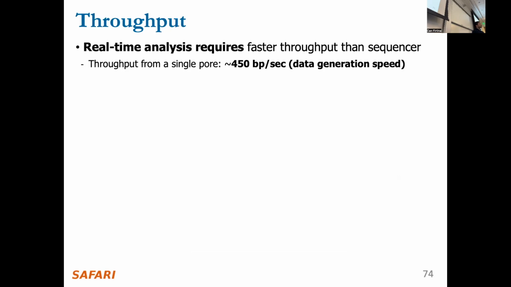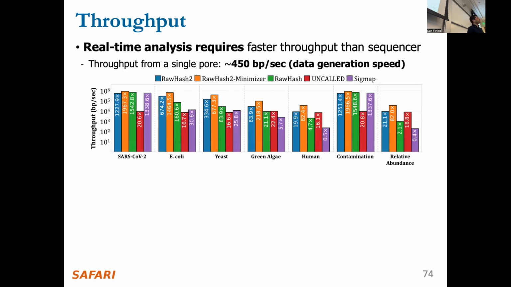So we will first look at the throughput results, but I'll again remind you, real-time analysis requires faster computation than the data generation speed, right? And the throughput that we get from a single pore is usually around 450 base pairs per second, right? This is the data generation speed per nanopore. And here we show the results for each tool.